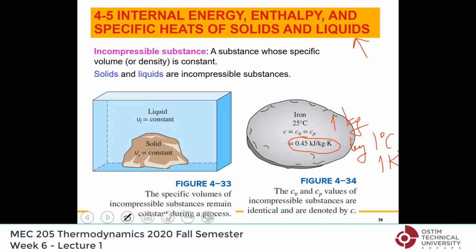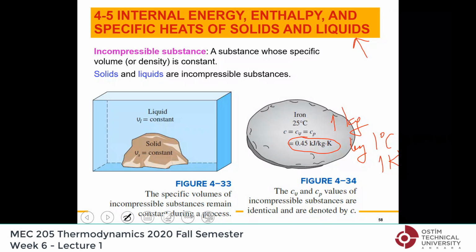Last time we discussed they are the same thing, right? Because the size of 1 degree C is the same as the size of 1 Kelvin. That is 0.45 kilojoules at room temperature.